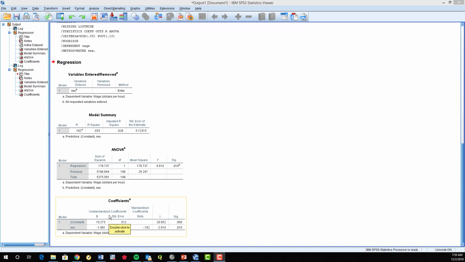So when x equals 0, when you're a male, you're expected to make $10.27. When you are a female, x equals 1, you're expected to make $1.89 less than $10.27. And again, this predicted effect is statistically significant.